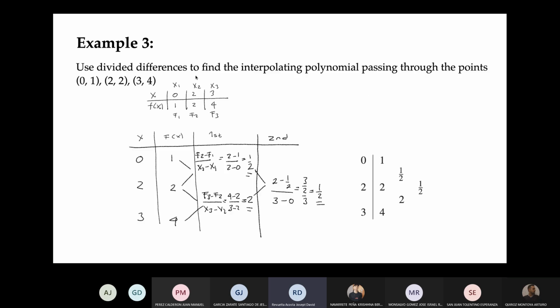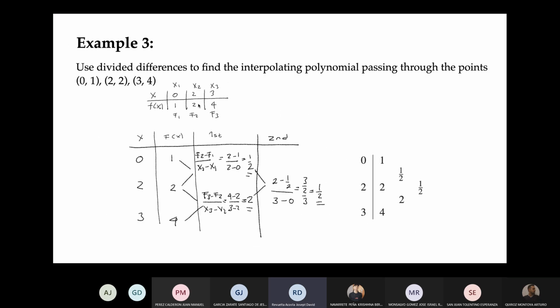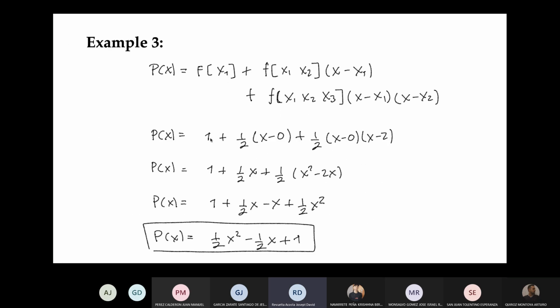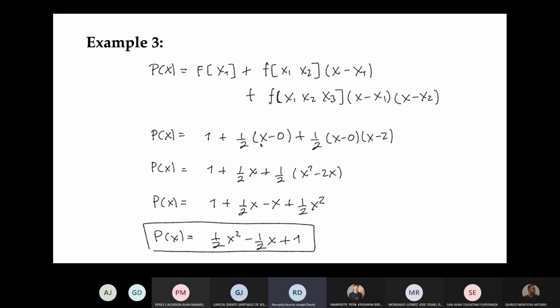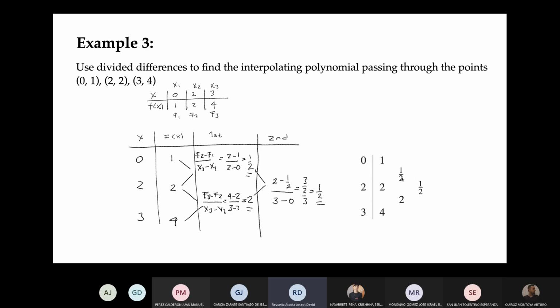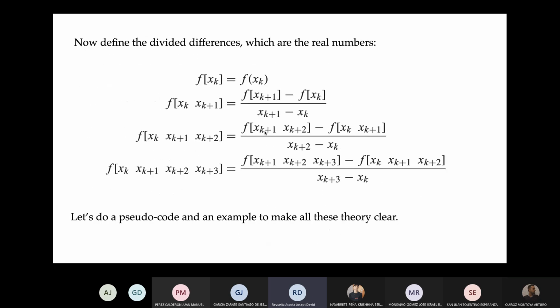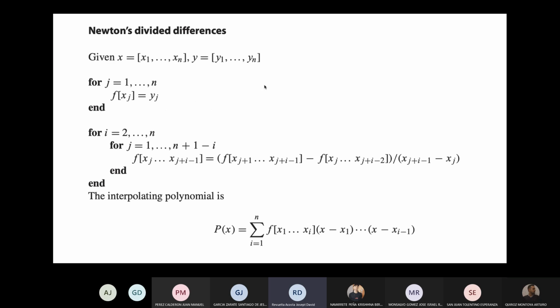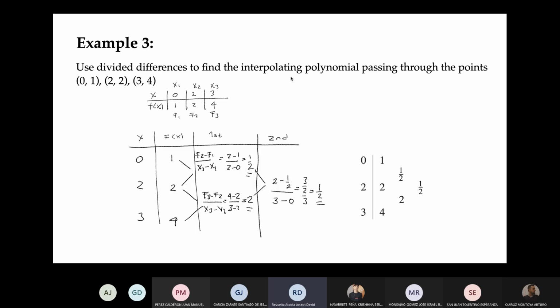Then if we follow the notation that we see here, this is a piece of cake now. So I see that the first term is equal to 1, because it's equal to 1 here. The second term is equal to 1 half. And then you follow what you see here. So this one is x minus x1. How much is x1? 0.